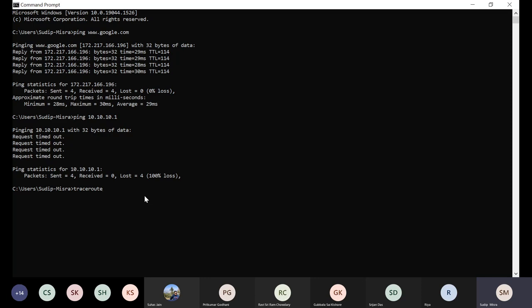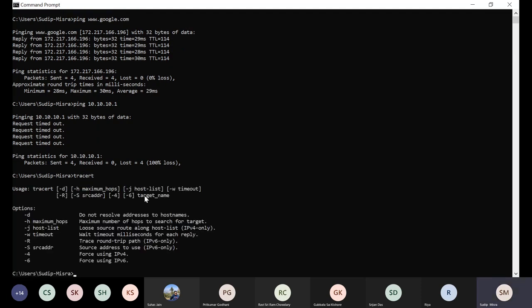As I was telling you, in Linux traceroute is the command, and in Windows it is tracert. This is the command, and the different options are also given over here.